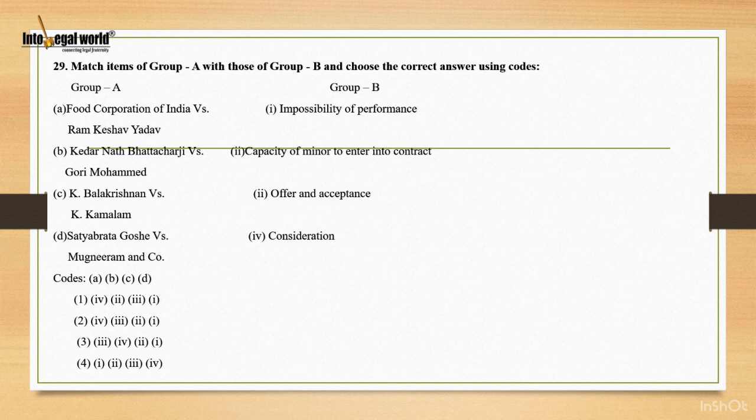Kedarnath Bhattacharya versus Gori Mohammed. This case was regarding capacity of a minor to enter into a contract. K. Balakrishna versus K. Kamalam. This case was regarding offer and acceptance. Satyabrata Ghosh versus Mugneeram and Company. This case was regarding consideration. So the correct option for this will be option number 4.